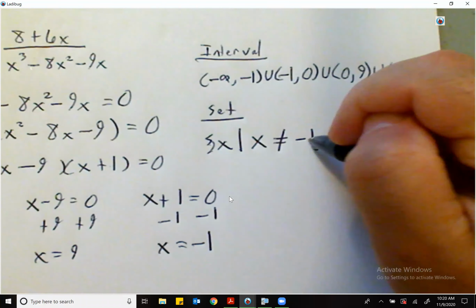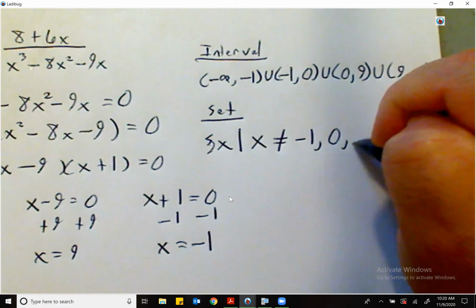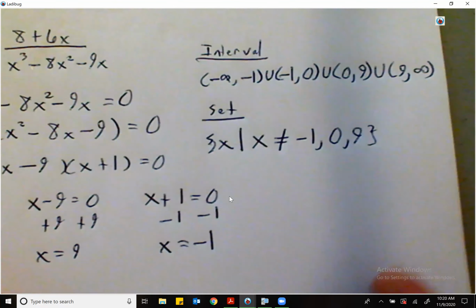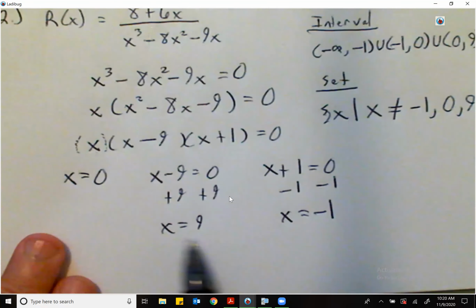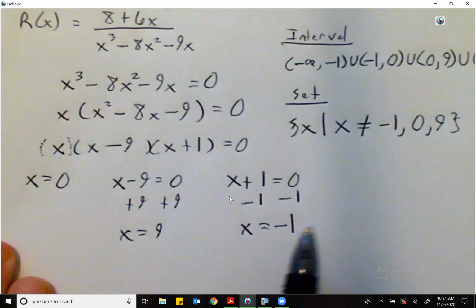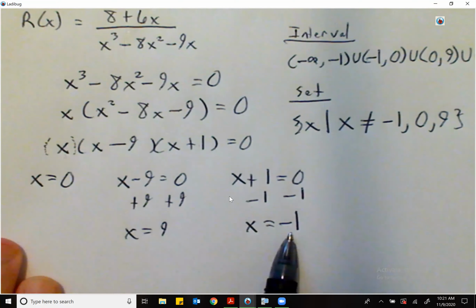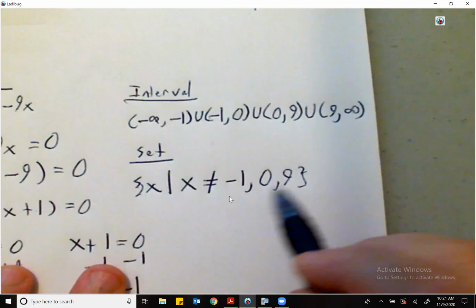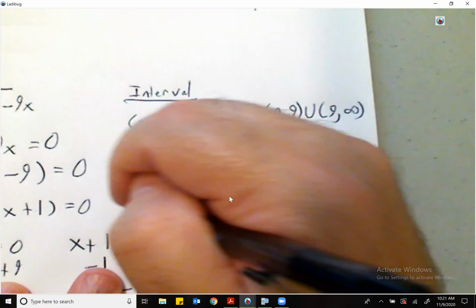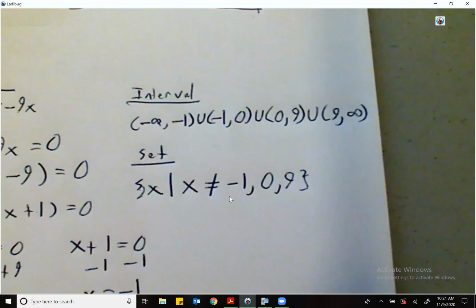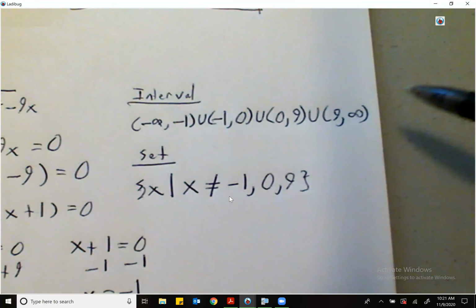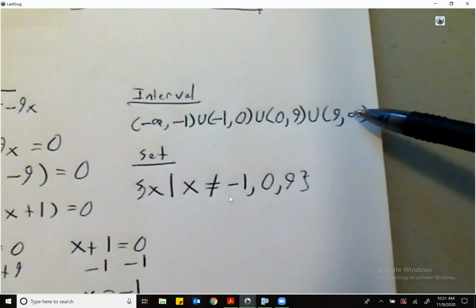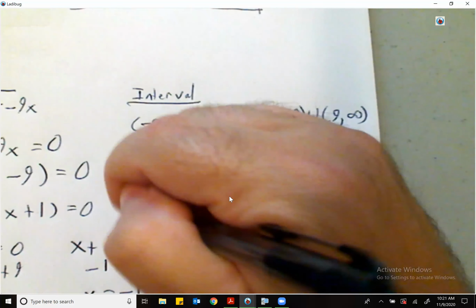We don't like negative 1, we don't like 0, and we don't like 9. There were 3 numbers we don't like: 0, positive 9, and negative 1. And that's what they're looking for in the blank. Again, they don't want the interval, but I taught you how to do interval, and that's what interval would look like. But the set is the most important.